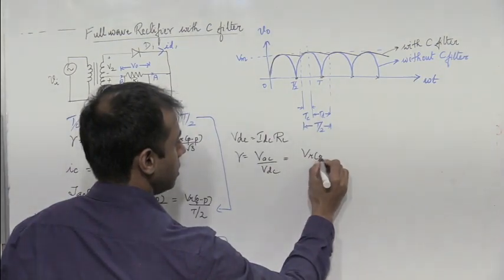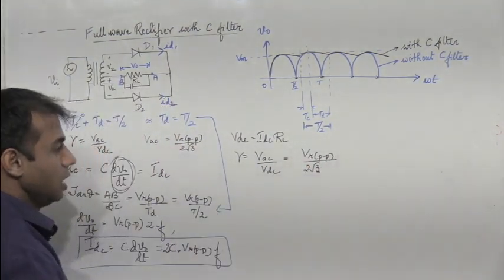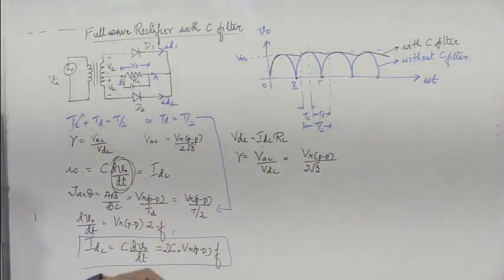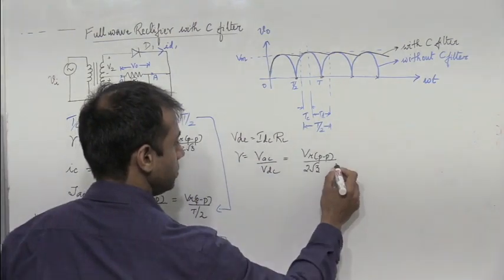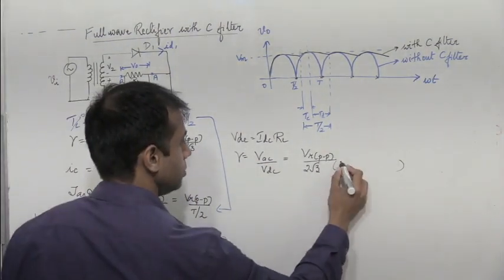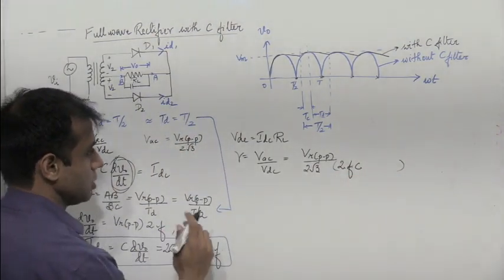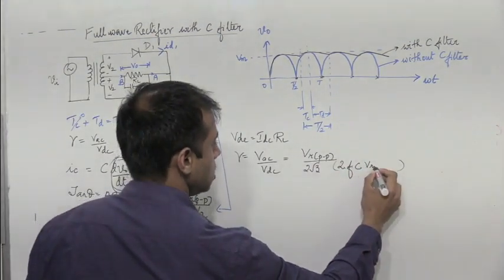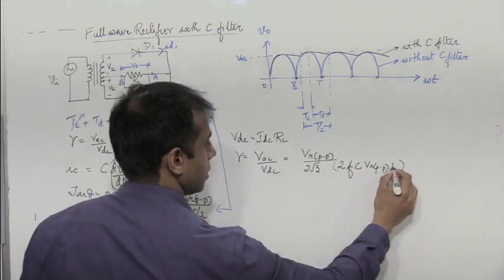VR peak to peak by 2 root 3. And what is VDC? It is IDC into RL, where IDC is 2 into F into C into VR peak to peak.